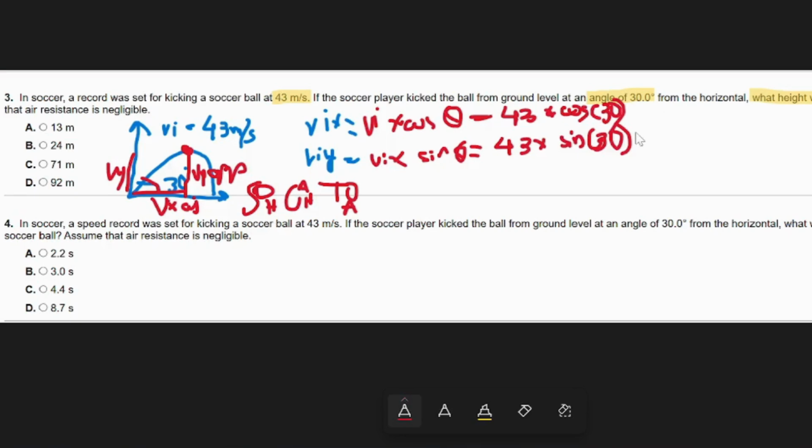For Viy, we get 21.5, and for Vix, we get 37.239. And the unit for both of these, to make sure you don't miss any points, is meters per second.